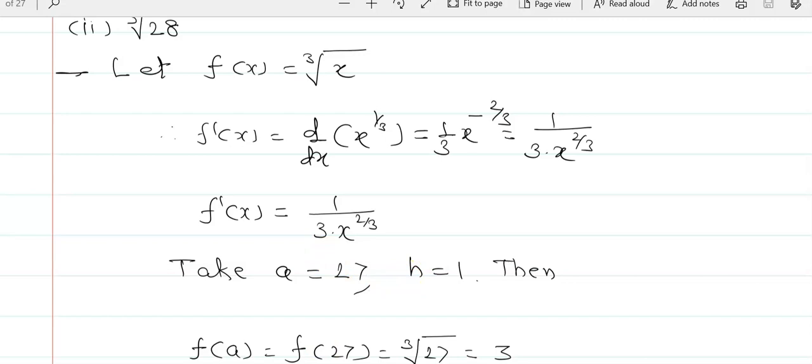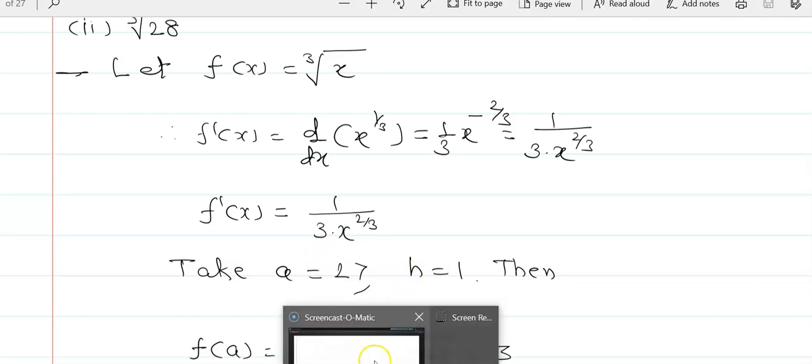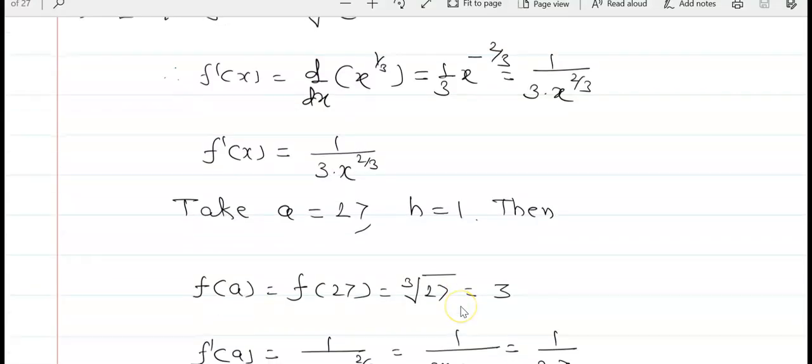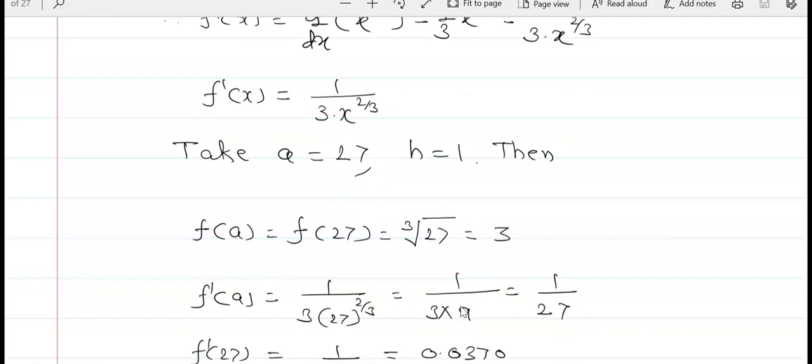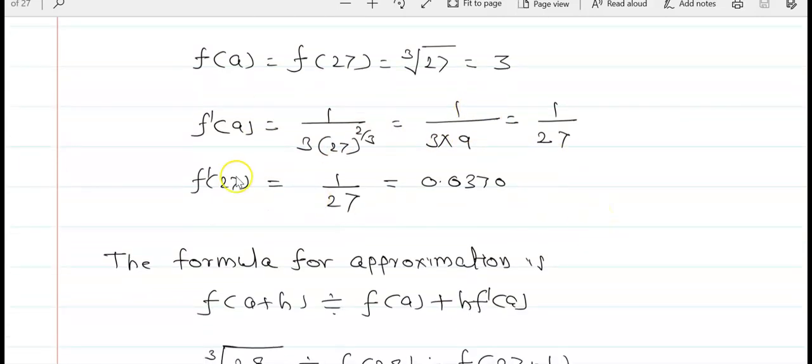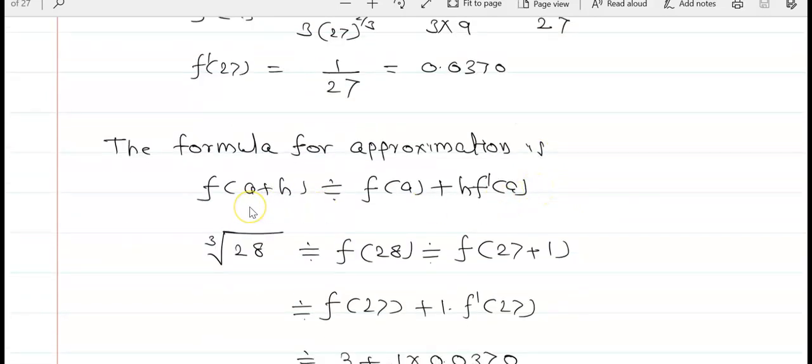Now, next, see this here. f of a, its cubic root is 3, f dash of a is 1 upon 3 into 9, that is 1 upon 27. Its value is 0.0370. The formula for the approximation: f of a plus h is approximately equal to f of a plus h into f dash of a.